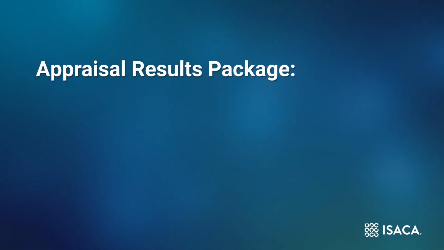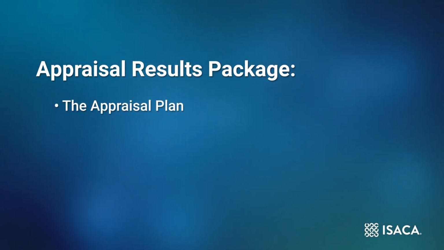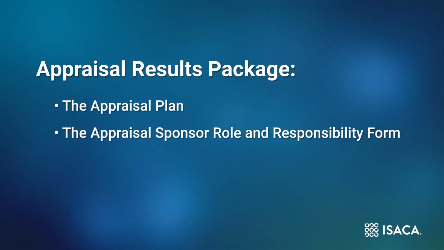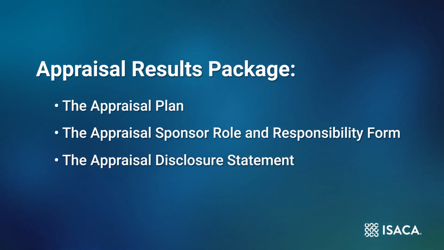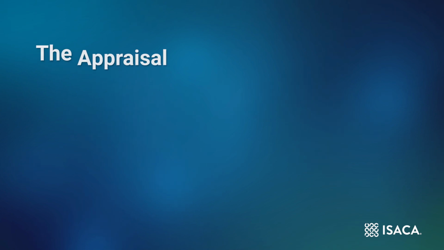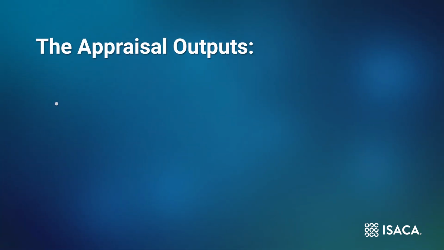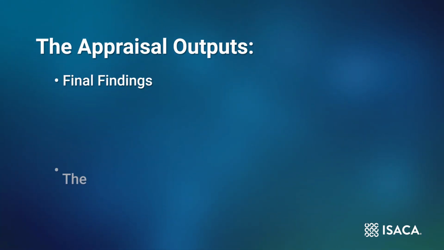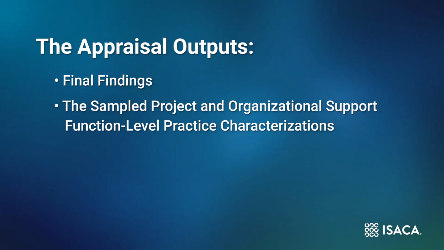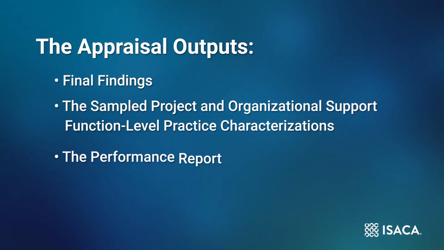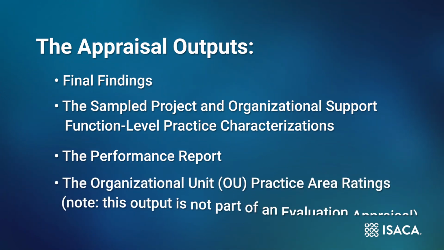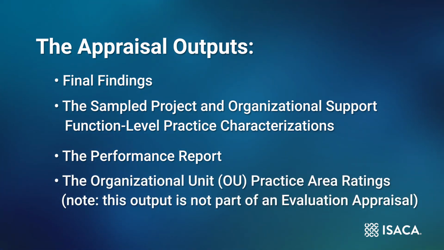The appraisal results package consists of the following: the appraisal plan, the appraisal sponsor role and responsibility form, the appraisal disclosure statement, and the appraisal outputs, which includes final findings, the sampled project and organizational support function level practice characterizations, the performance report, and the organizational unit OU practice area ratings.